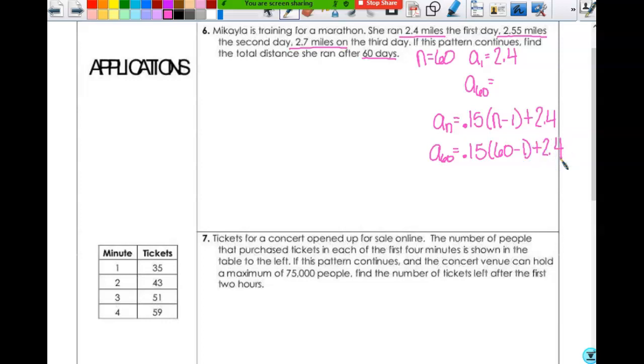Do all that, and I'll tell you what it is. It is 11.25. So now I have n, I have the first term, I have the last term, so I can find the sum of those 60 days. Go ahead and do that on your own.